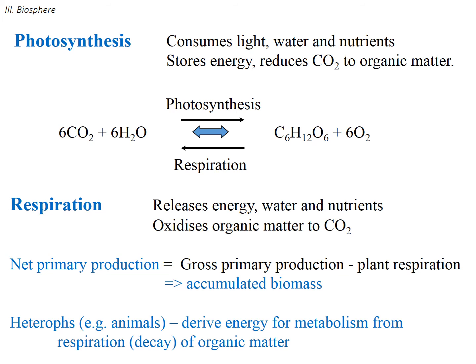That's the equation for sucrose, but it's a good approximation for general organic matter. It's actually glucose, not sucrose. We use that one because it helps the equation balance. And it makes oxygen, so it's affecting the atmosphere while producing organic matter.